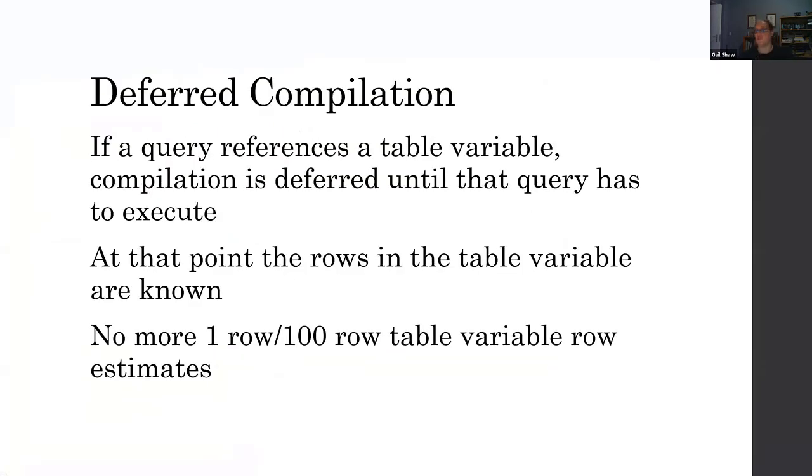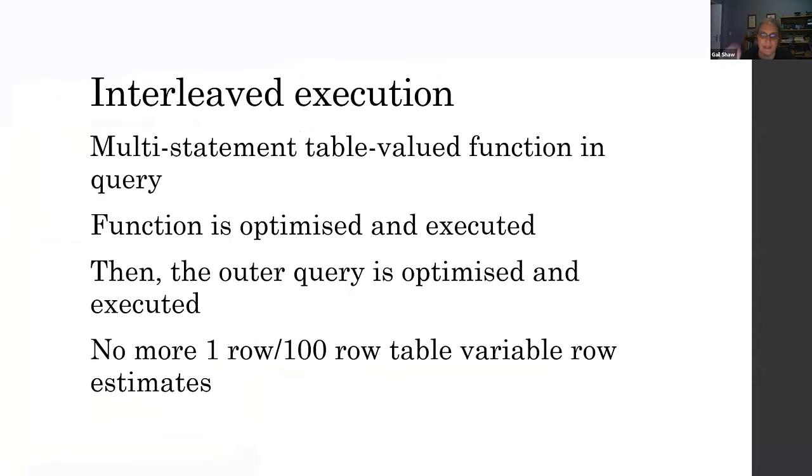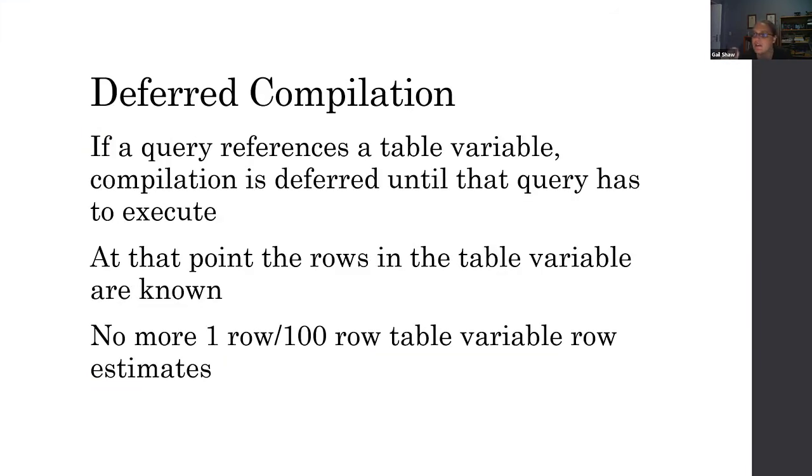Let me talk about deferred compilation and then I'll demo the two of them together. I've put these in a single section of this slide deck because they are kind of the same thing. So to be clear, interleaved execution was added in SQL 2017. In 2019, they also added what's called deferred compilation for table variables. And they're kind of the same thing.